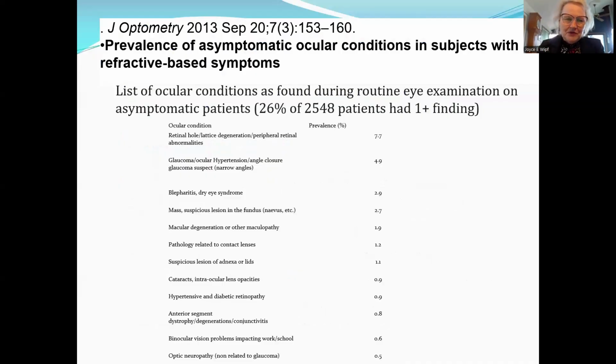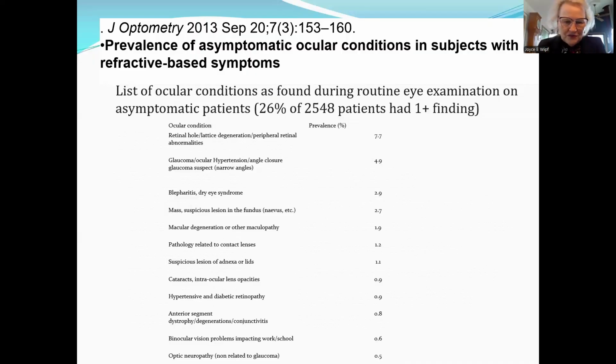So why is it important to do these screening referrals? This is just one study example in the Journal of Optometry. The prevalence of asymptomatic ocular conditions in subjects with refractive-based symptoms, just wondering, thinking that they need reading glasses or whatever. So the list of ocular conditions found during routine exam of asymptomatic patients, and 26% of over 2,500 patients had at least one finding.